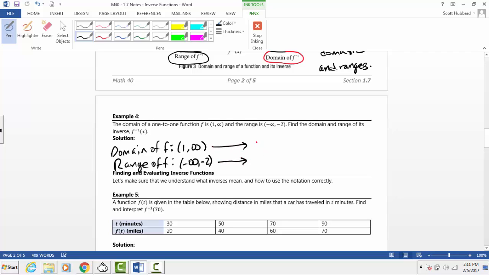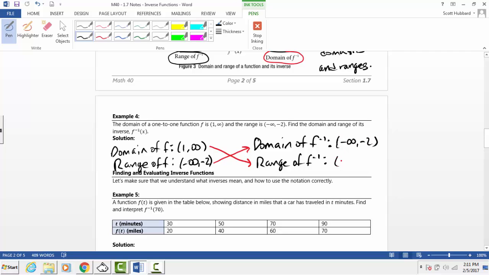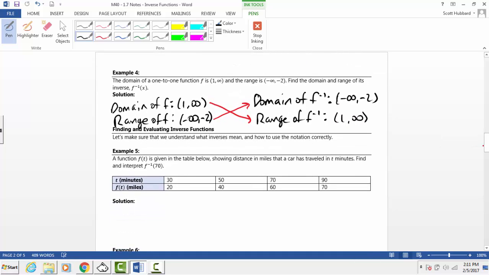So for its inverse, let me erase this real quick. The domain of f inverse and the range of f inverse, they just get flipped. So this will be negative infinity to negative 2, and this will be 1 to infinity. So just remember that inverses swap everything and you'll be okay.